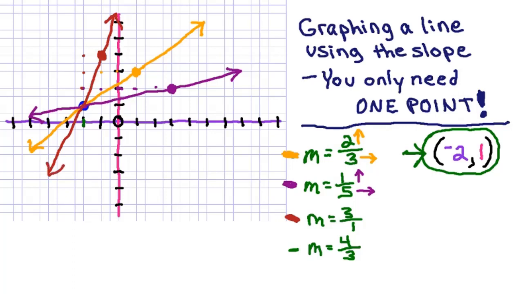Now last one, let's do our slope m equals 4 over 3. We're going to go to our original point, negative 2, 1, and our slope is 4 over 3, so our rise is 4, 1, 2, 3, 4, and our run is 3, 1, 2, 3. So there's our second point, and we can draw a straight line through that.